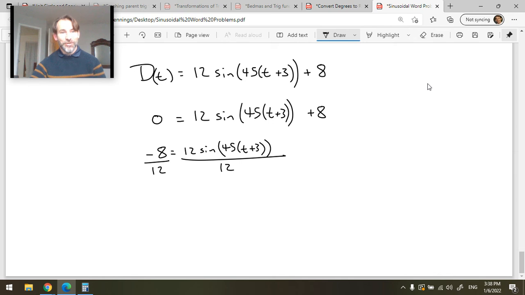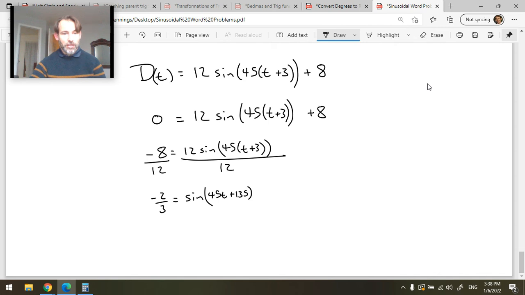So this reduces to negative 2 over 3 is equal to sine of (45t plus 135). That's as far as we can go without taking the inverse sine of both sides.